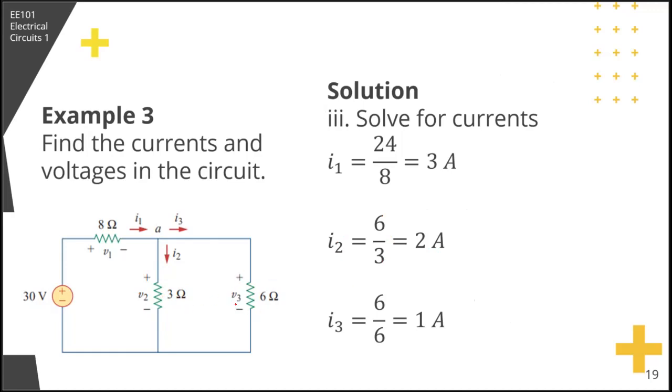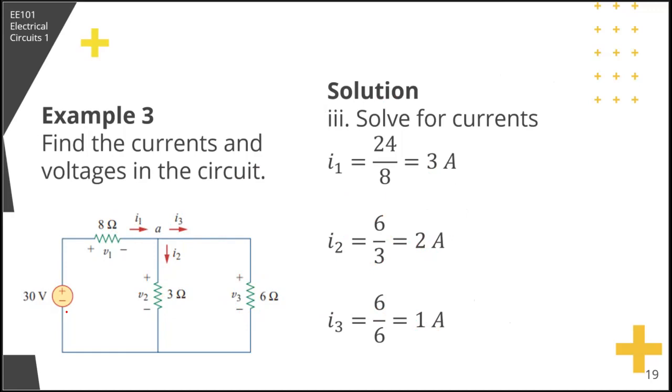Diri 6 volts gihapon across, so 6 divided by 6 is 1. Okay? And as you would have noticed, ang current nga mosulod dapat equal sa current nga mogawas. So 3 ang isulod, ang gawas 2 plus 1, 3 gihapon.